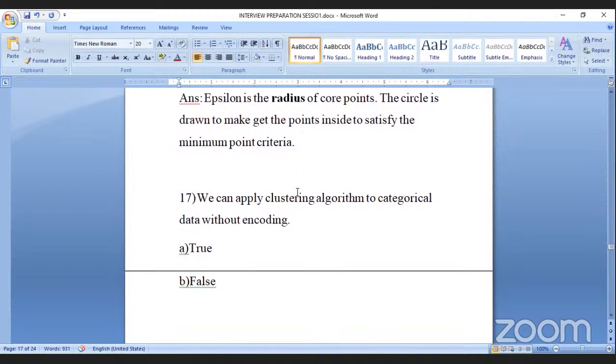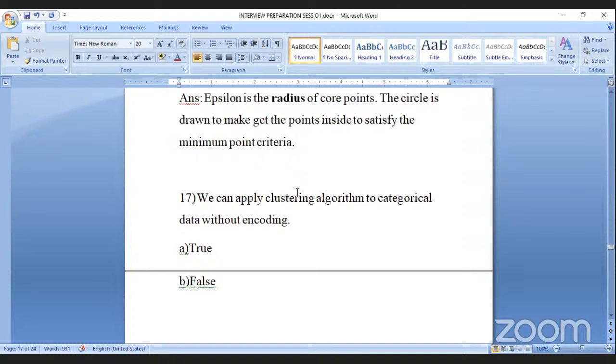We can apply a clustering algorithm to categorical data without encoding. Is this statement true or false? Just tell me. Without encoding, is that true or false? Only two options are there.